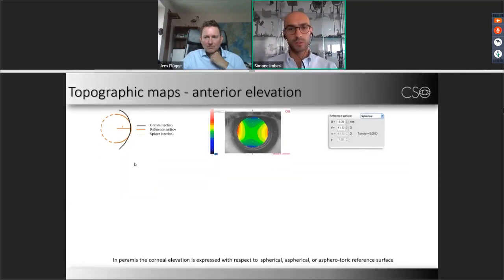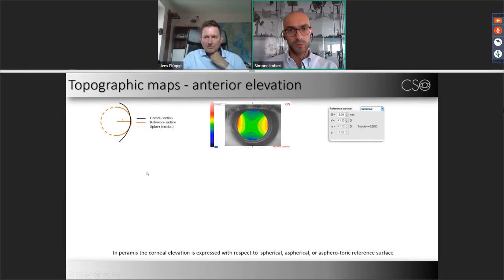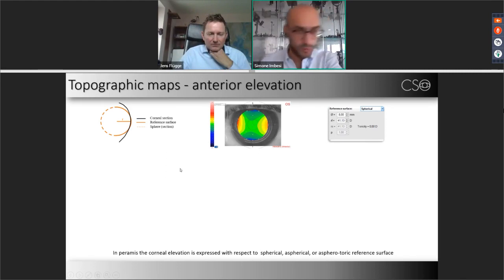Now I would like to show you some examples of an astigmatic cornea represented with the three different reference surfaces. The first is the spherical one, which can be defined just with a radius of curvature.